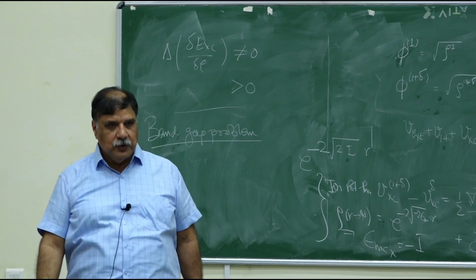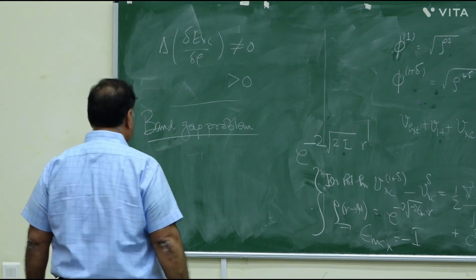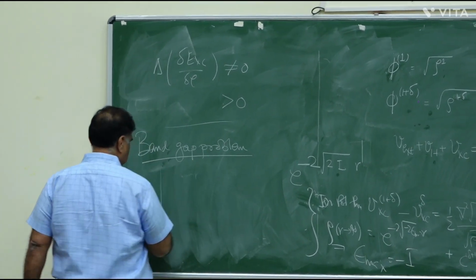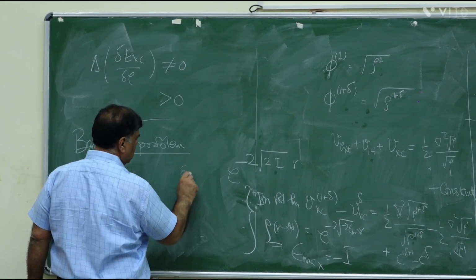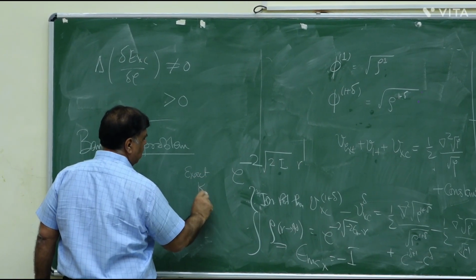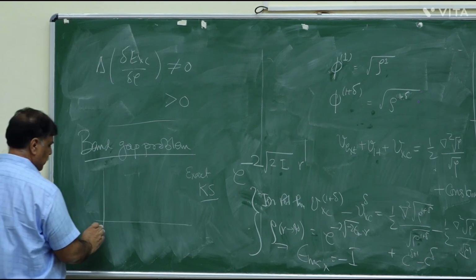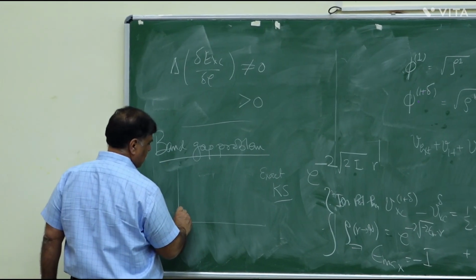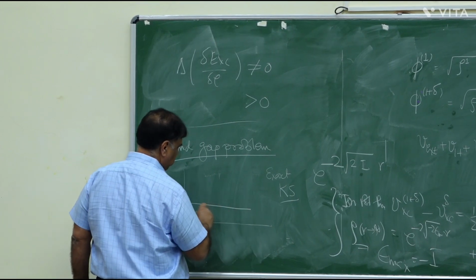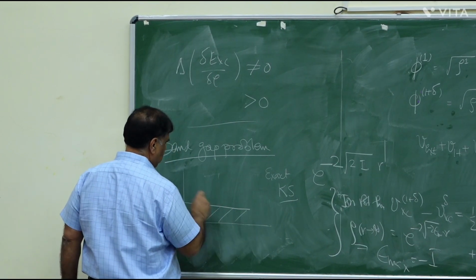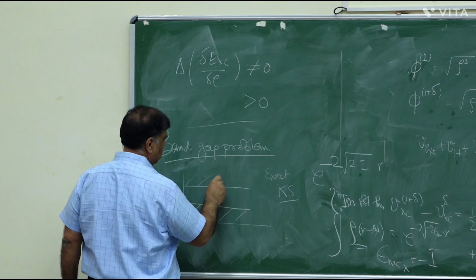Okay. Now suppose I could do an exact calculation in a semiconductor. So we talk about exact Kohn-Sham. Alright? It will give me a valence band, filled, and a conduction band.